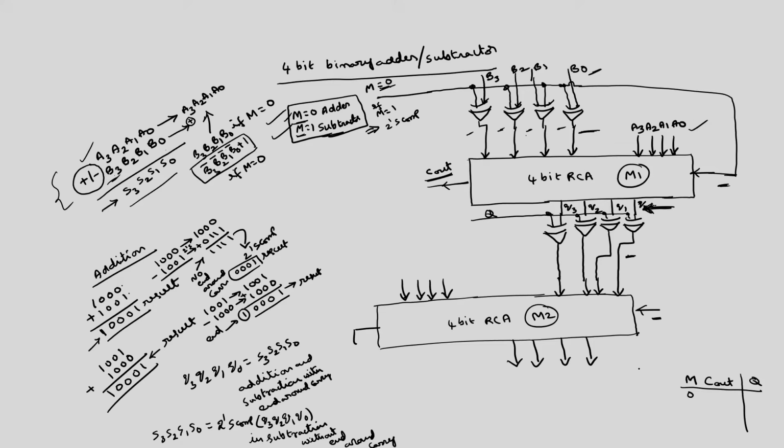Addition. In addition, regardless of whether you get this carry or not, I am going to take this Q3, Q2, Q1, Q0 as the outputs, no need to take the complement. So, regardless of the carry being 0 or 1, this is for addition.